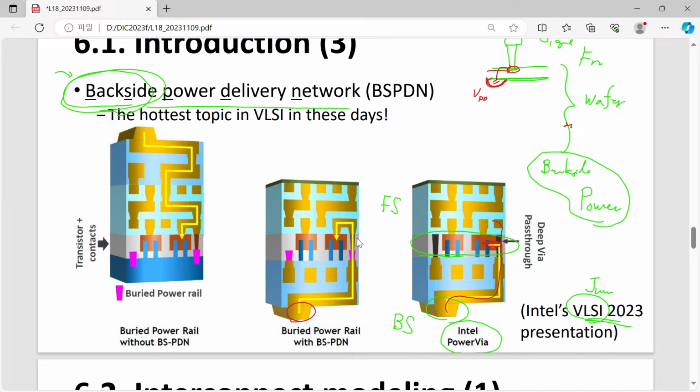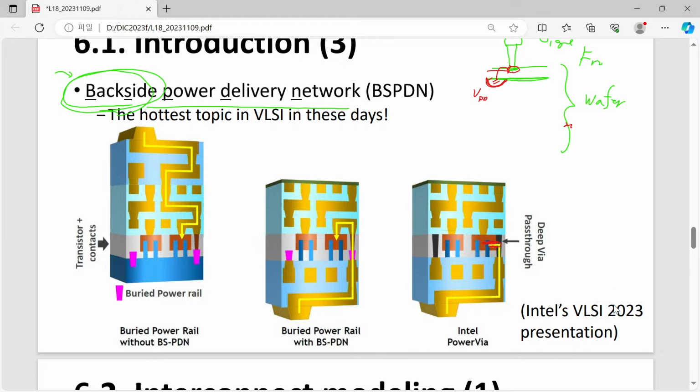So anyway, following this way, we will have more room to release the scaling pressure for these scaled, most state-of-the-art devices. That is, I think, the single hottest topic in VLSI these days.